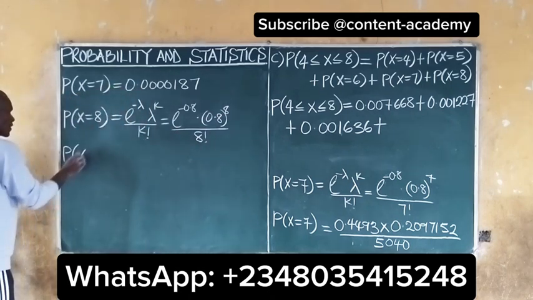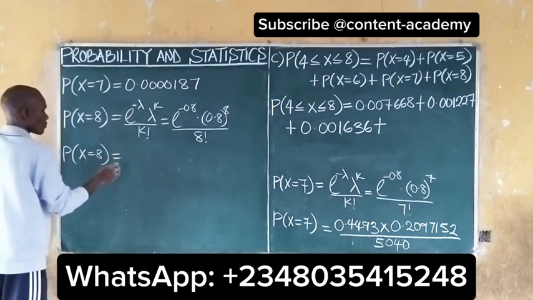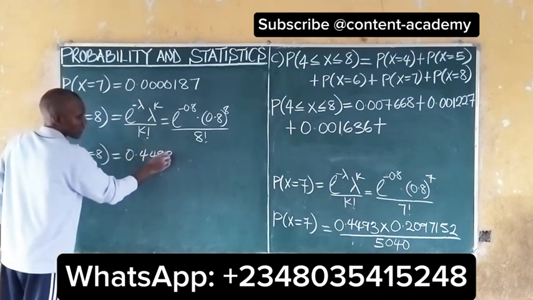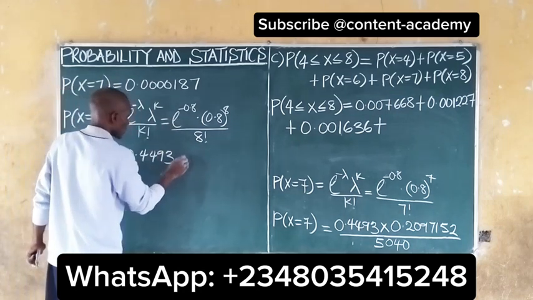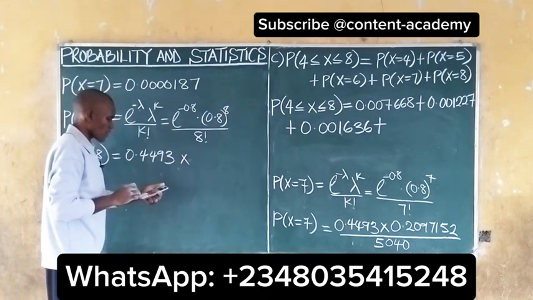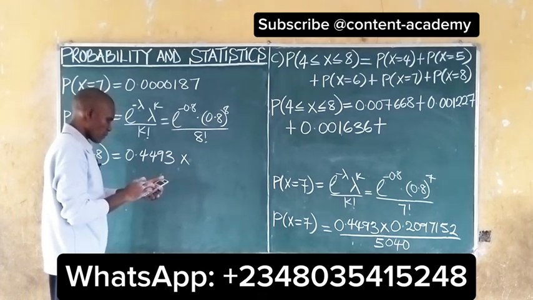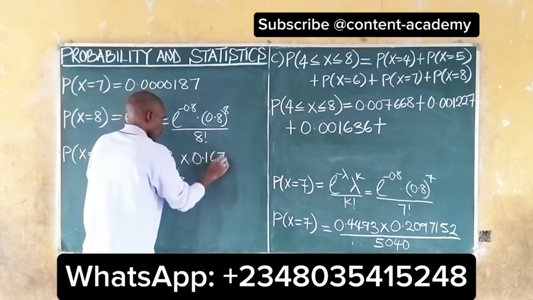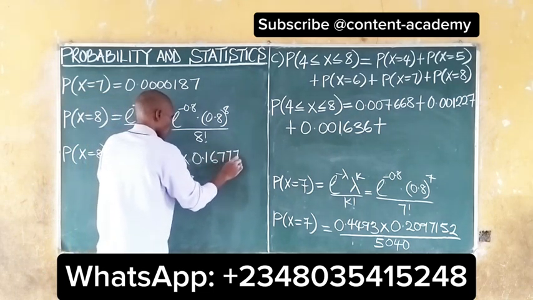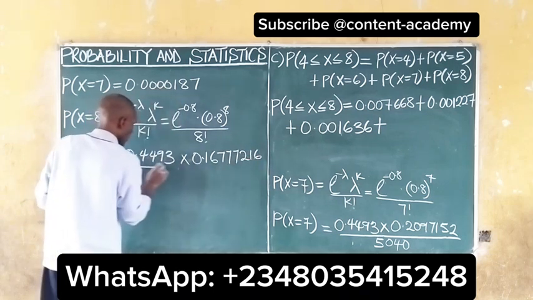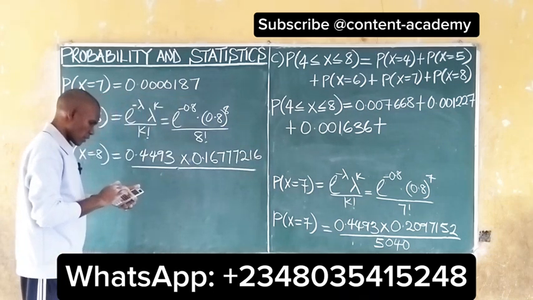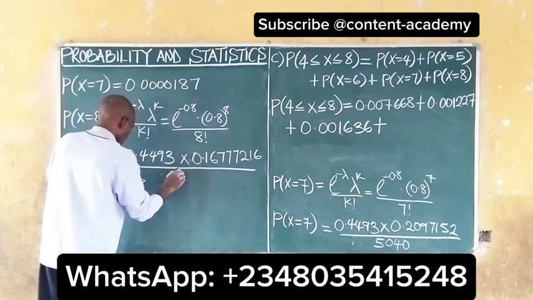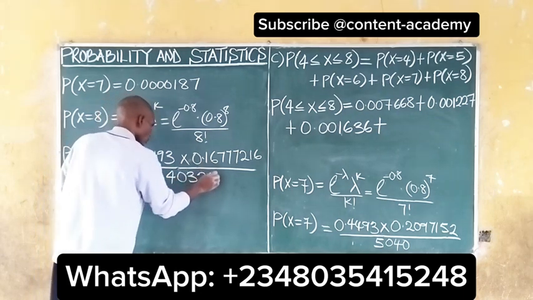So we have P(x = 8), which is equal to, we have this to be 0.4493. That means exponential negative 0.8 multiplied by 0.8 raised to the power of 8, which is 0.167777216 divided by 8 factorial, which is 40320.